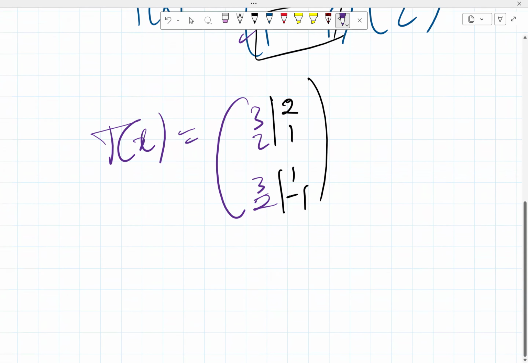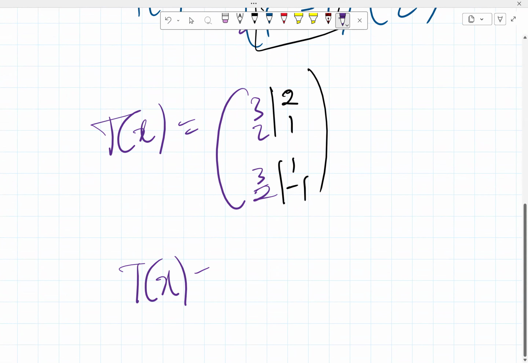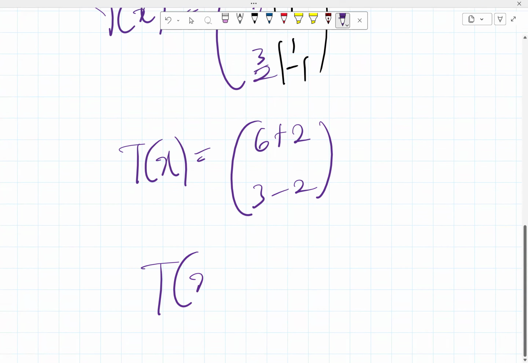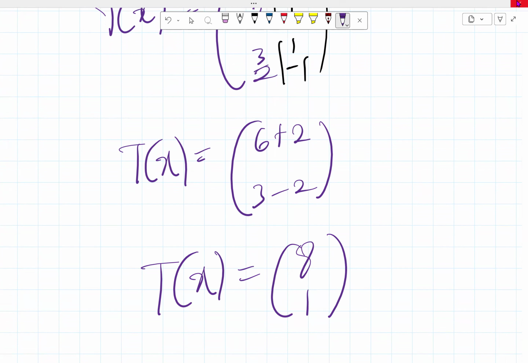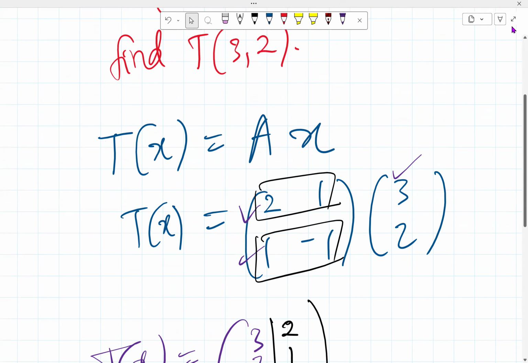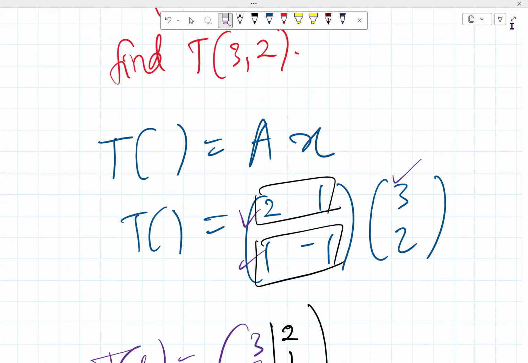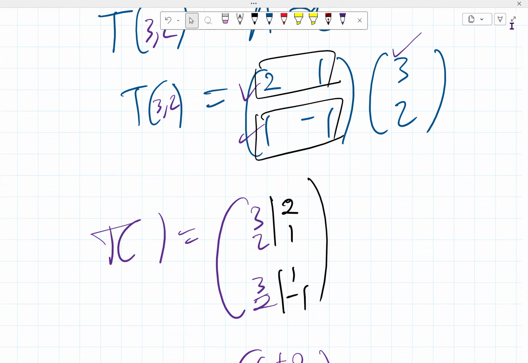So you can then have T of X equal to 3 times 2, 6, plus 2 times 1, 2, and 3 times 1, 3, plus 2 times minus 1, minus 2. So at the end of the day, T of X is equal to 8, 1, like that. Did I say T of X? I should have said T of 3, comma 2.